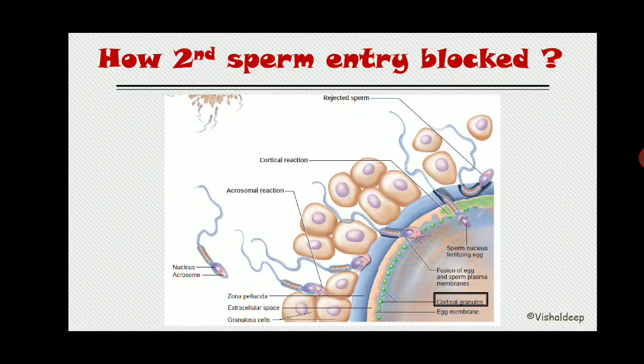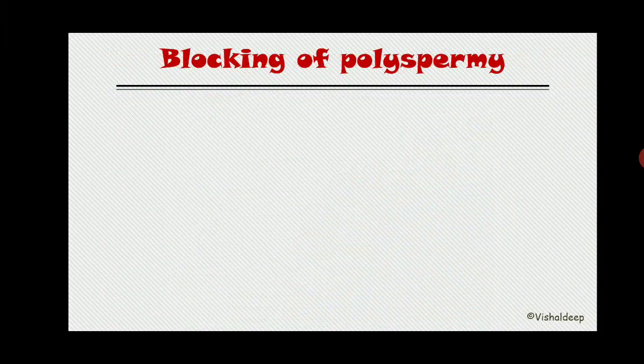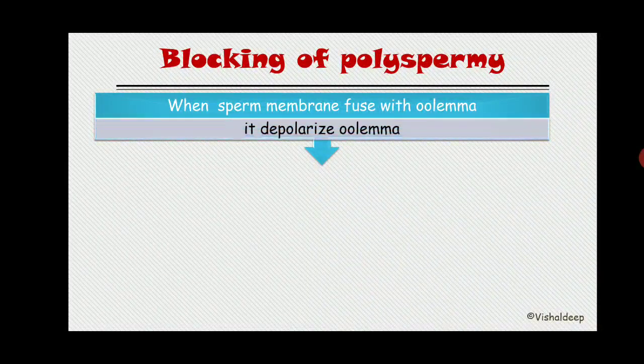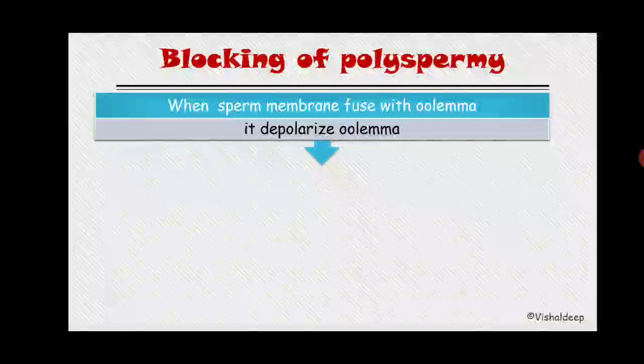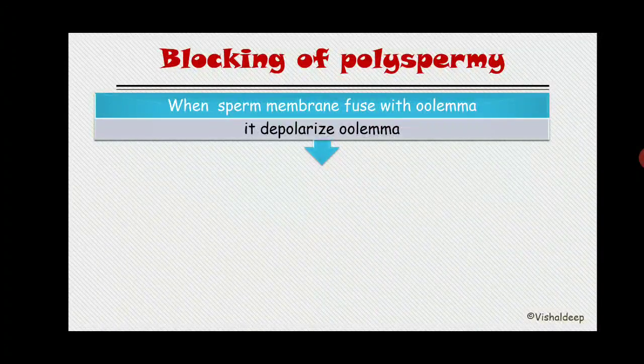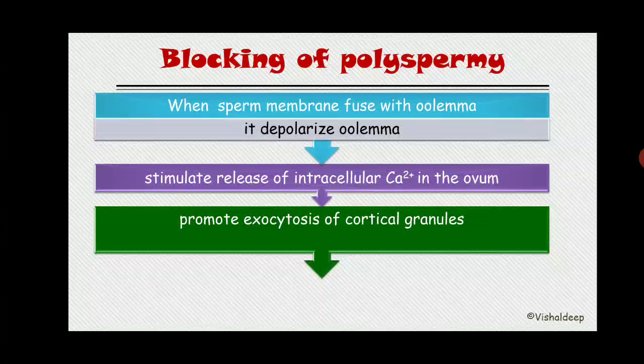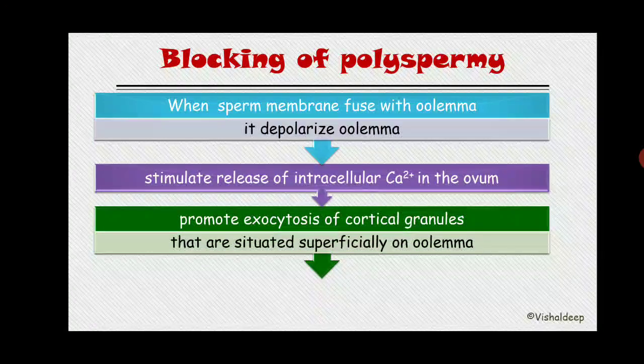So let's write down whatever we are discussing up to that level. When the sperm membrane fuses with the oolemma, it depolarizes the oolemma, the oocyte cell membrane, and it stimulates the release of the intracellular calcium in the ovum, and it promotes the exocytosis of the cortical granules that are situated superficially to the oolemma, right?